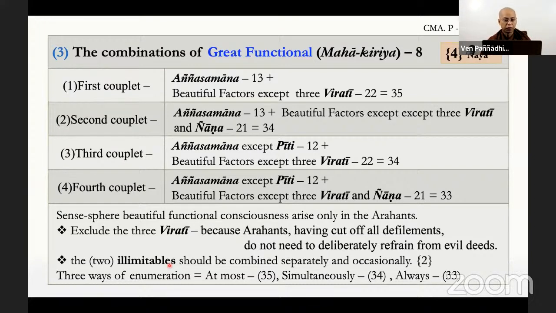Okay, so this becomes the variation. Then if we collect them, Mahākusala, Mahāvipāka, and Mahākriyā become 12 in all. It's easy.